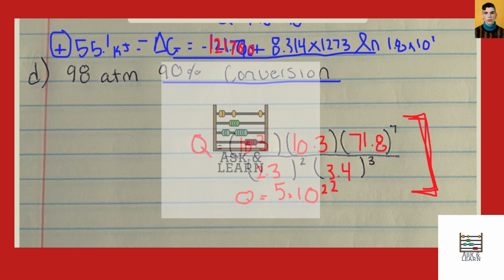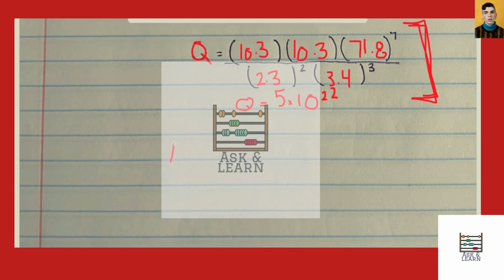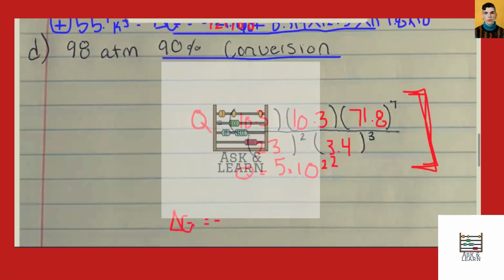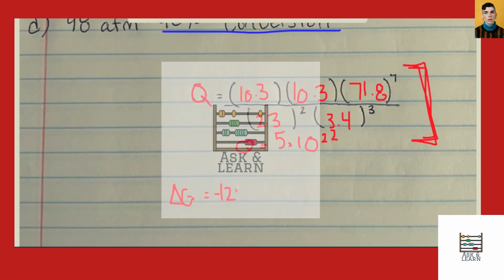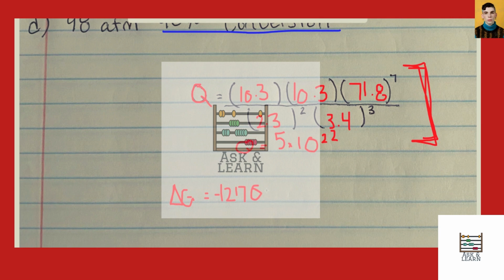And again, we're going to plug this back into our first equation. So our delta G is going to equal negative 121,700. That is our delta G for the reaction.